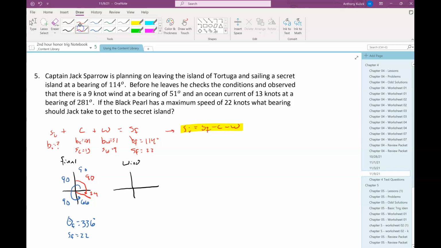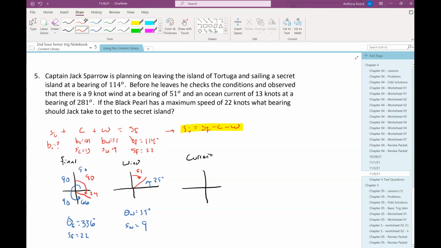So the bearing on that is 51. So that part is 39. And we have the current.